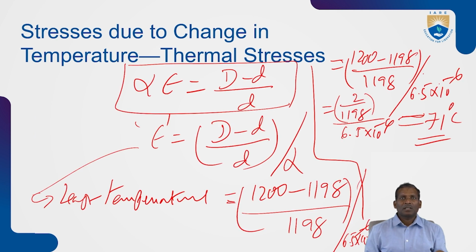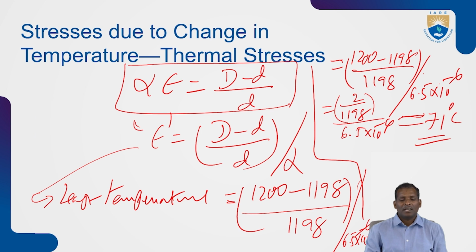Also in this problem, how do you calculate the temperature if you don't know it? The least temperature required to heat, in this problem given the shrunk fit. First you need to apply Hooke's law, and then apply the thermal stresses formula.